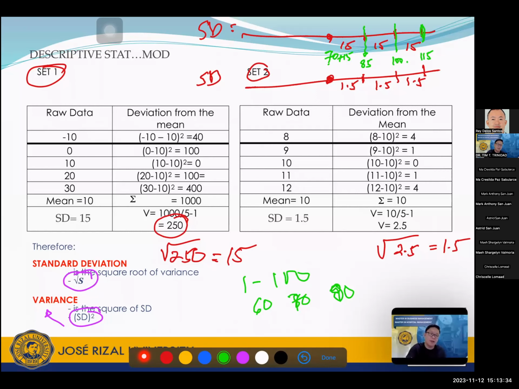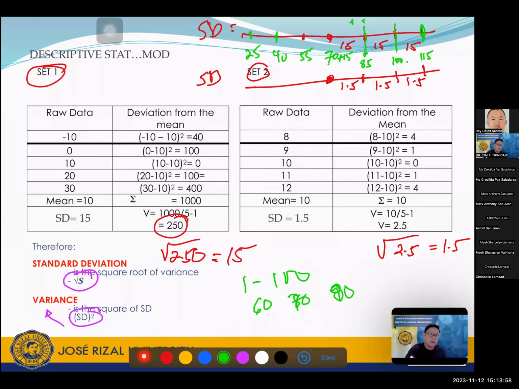This is for the positive standard deviation. What about to the left? Same thing. You also have a scale there. So minus 15. 70 minus 15, 55. Minus 15, 40. Minus 15, 25. Right?